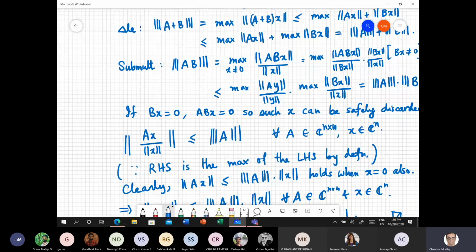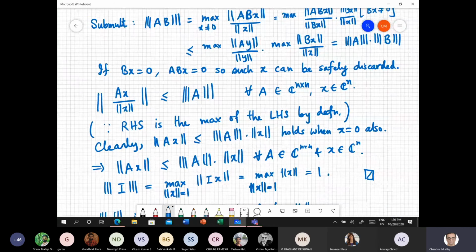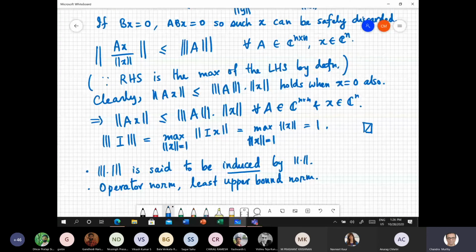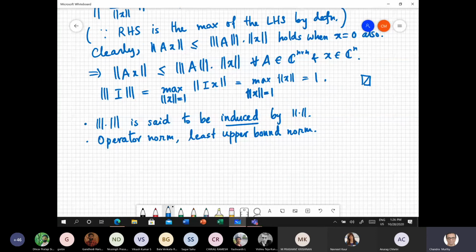Okay, so basically the fact that the operator norm or the induced norm is a matrix norm is a general property, and it's true for all vector norms. And so one way to show that some particular definition of a norm is indeed a matrix norm is to show that it is in fact induced by some vector norm. And so now we have another way to show that.